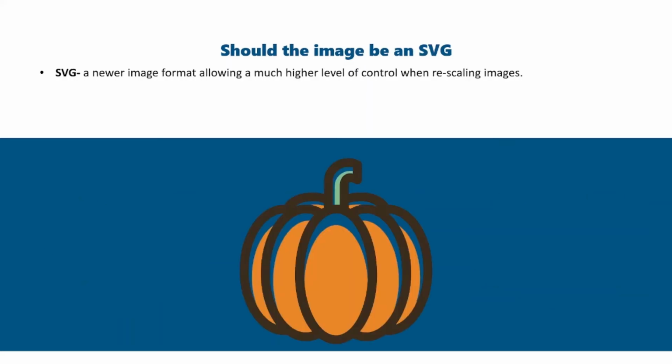The next is a newer format called an SVG, Scalable Vector Graphic. The advantages of these type of image files is that they are very small in file size. In fact, this little pumpkin that you see here is only 13K. And the beauty of this is that as I scale this, it will always be exactly the same.